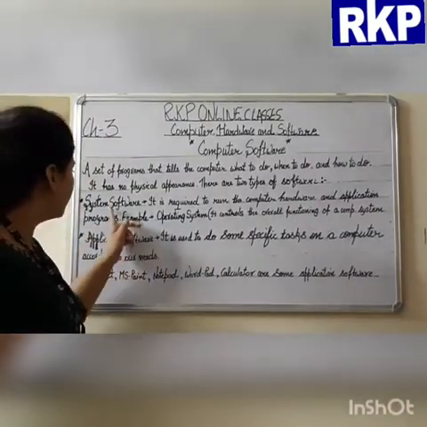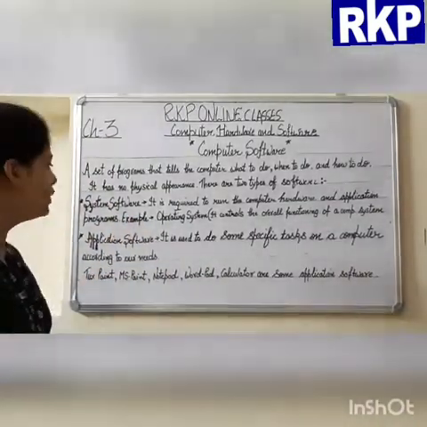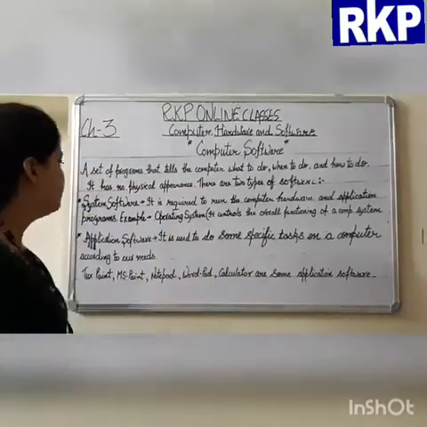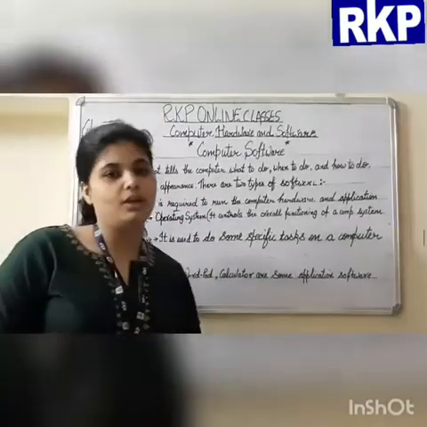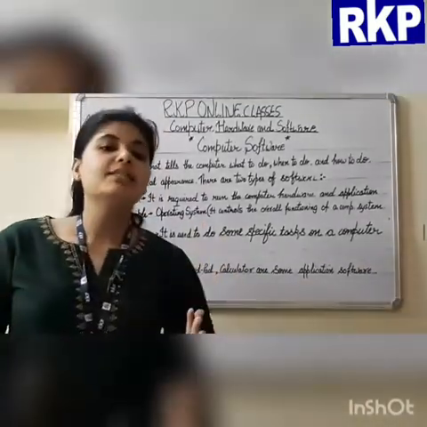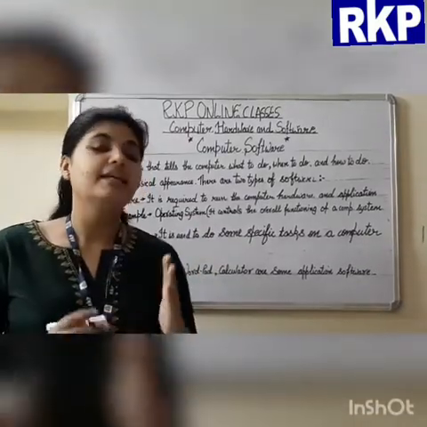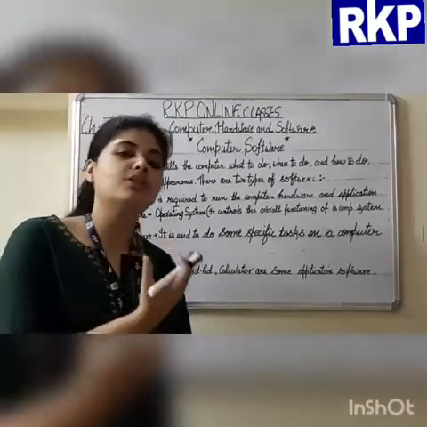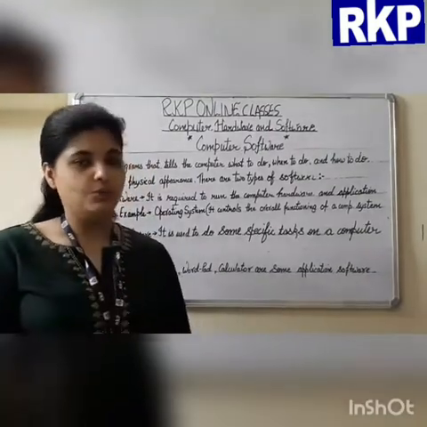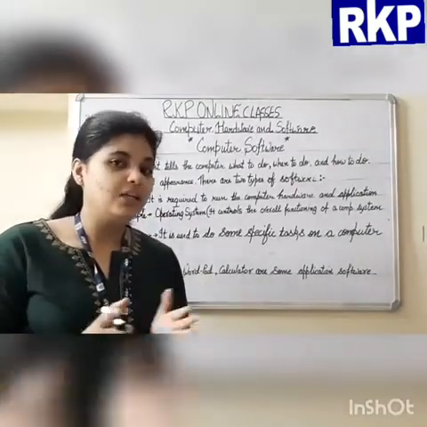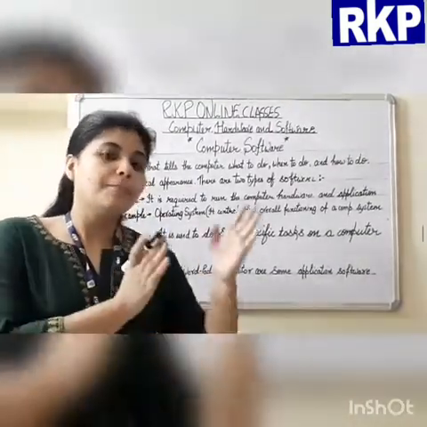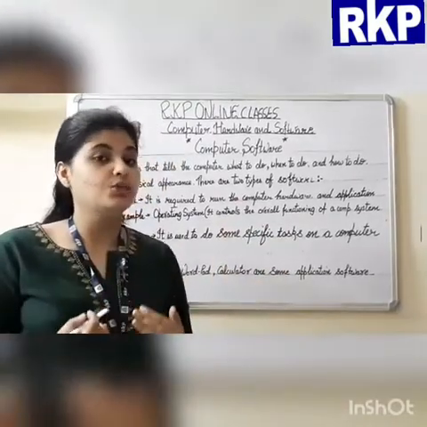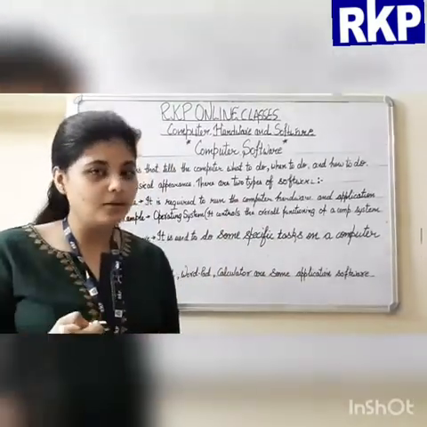Basically, the example of system software is operating system. But check why this system software is required. System software acts like an interface between the computer hardware and the user. User means like you and me.